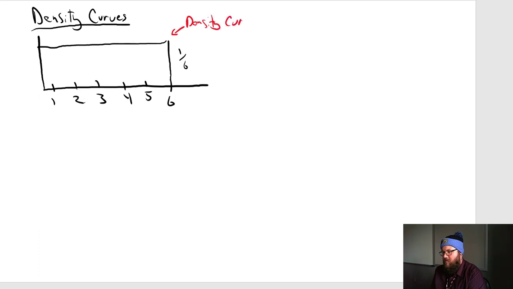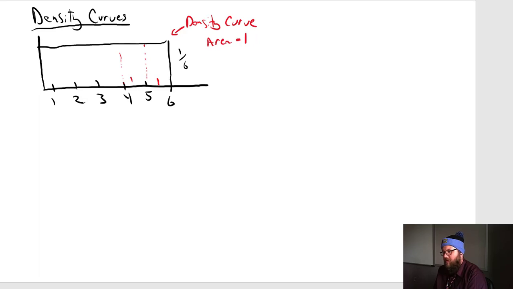Any one of those numbers, in which case the density curve area inside is equal to 1. Because each one of those sections in here, if you were to cut this off and then add them all up, would equal 1. You have a section of 1 right here, then a section of 1, and so forth.